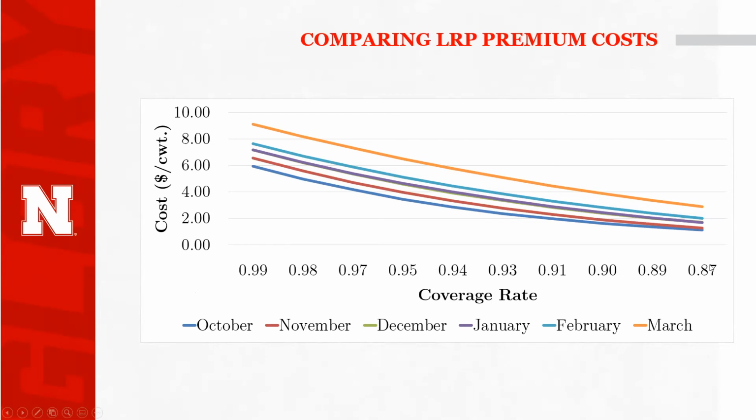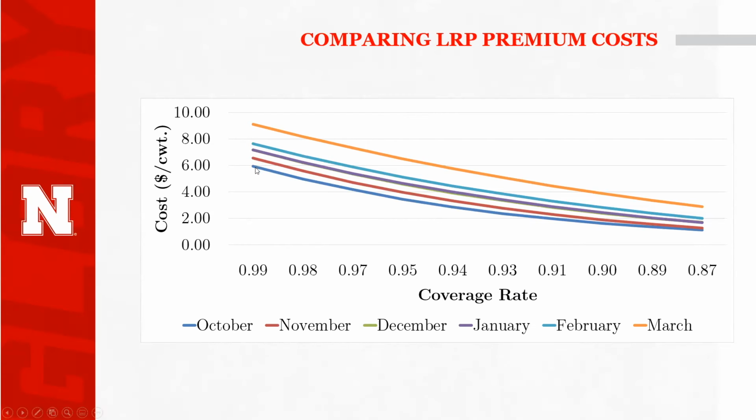This 99 all the way to 86, what that's saying is this is the percent of the coverage price that we're covering. So, right, if we cover less of it, we pay less premium, right? We're covering less of that coverage price. And the different color lines represent the amount of time left.